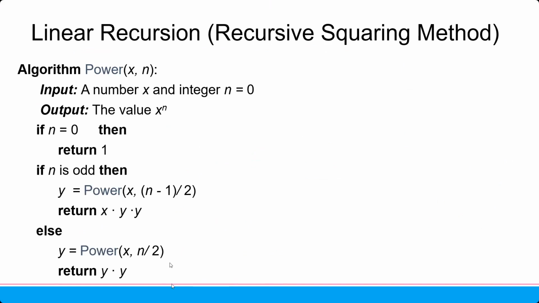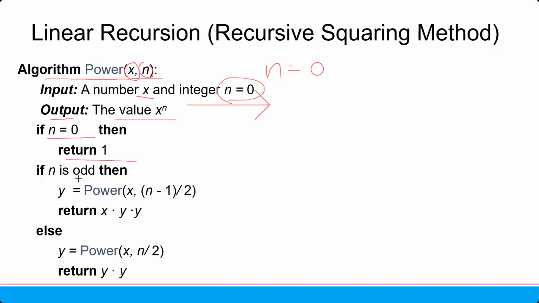If we want to use recursion, we can have the algorithm power(x, n), where x is the number and n is an integer, which can be any number. The output is the value of x to the power of n. The base case: if n equals 0, then return 1.